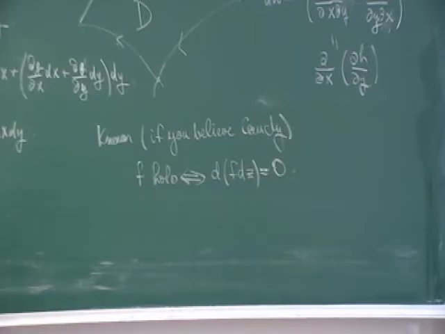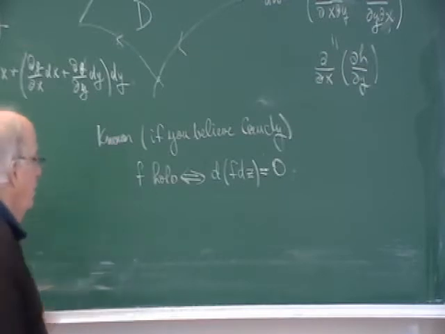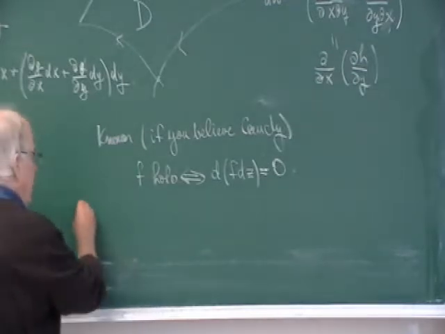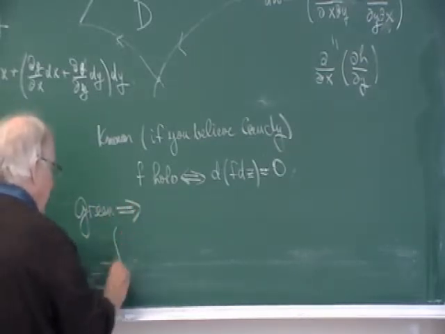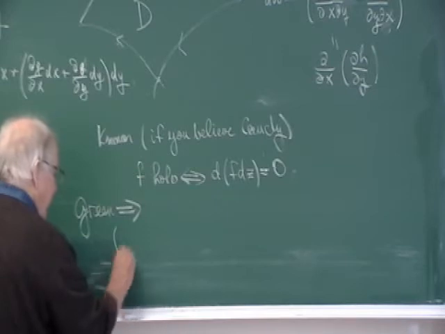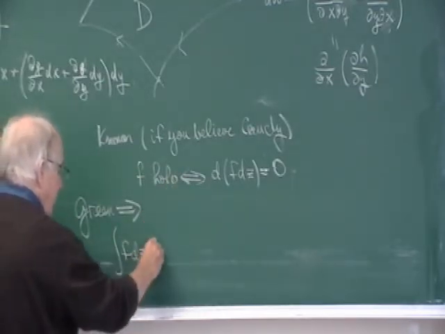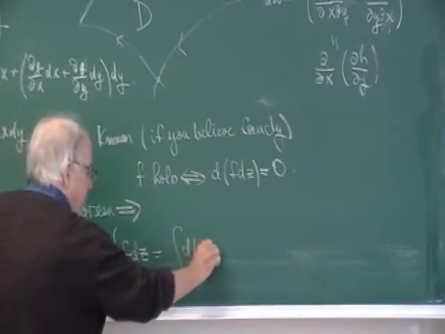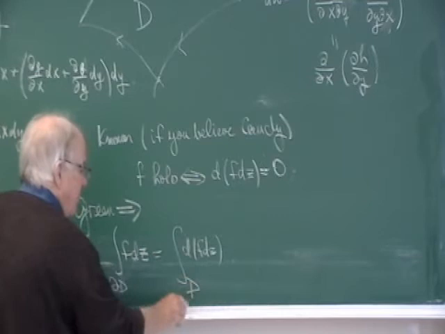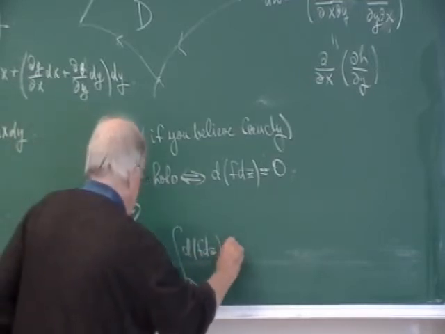And if you believe Green, and none of these things were proved until Goursat, then it implies that the integral around the boundary of f dz, if f is holomorphic, equals the integral of d of f dz over the domain, which is 0 because this guy is 0.